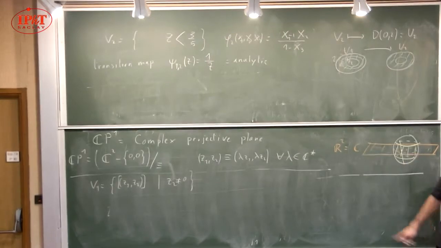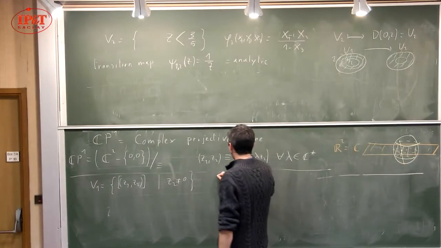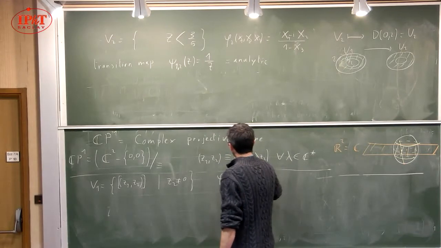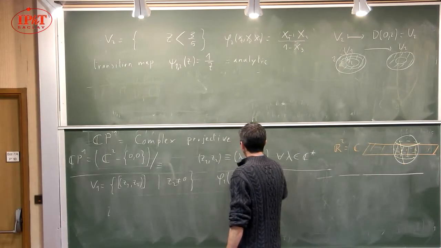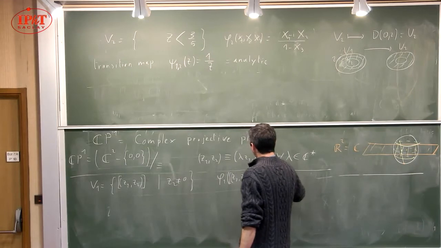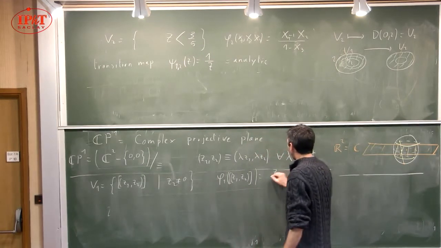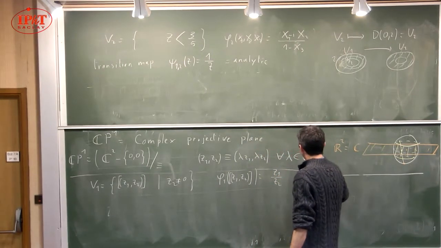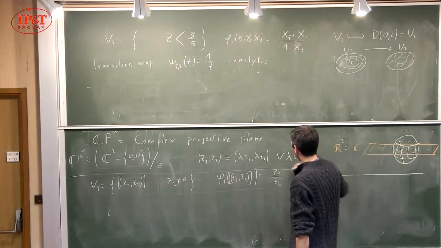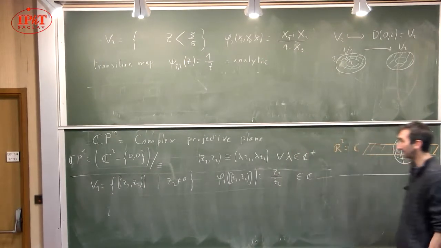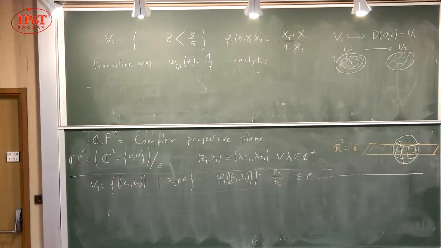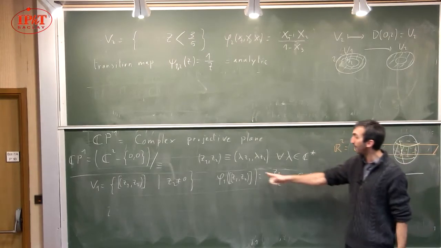It's compatible with the equivalence relation. And on it you define phi1 of Z1, Z2. So this equivalence class is just Z1 over Z2. It belongs to C. And again, this is well defined in the equivalence class.